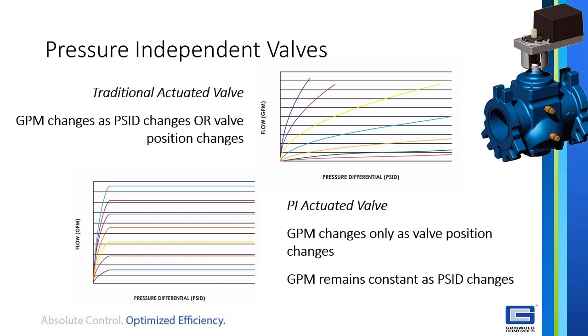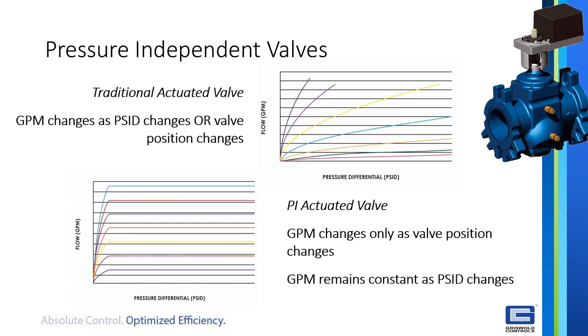We talked about how often the pressure changes last week in our automatic balancing presentation, because every time someone in some other part of the building changes something, you change the pressure dynamics in the overall system and to every coil. In a traditional system, that actuated valve would have to rotate to some other position, whether it's more open or more closed.